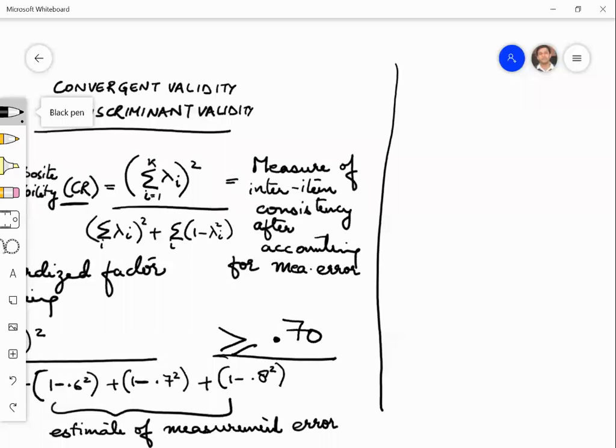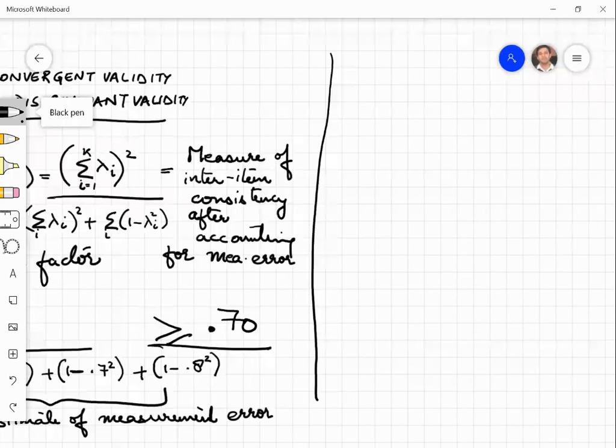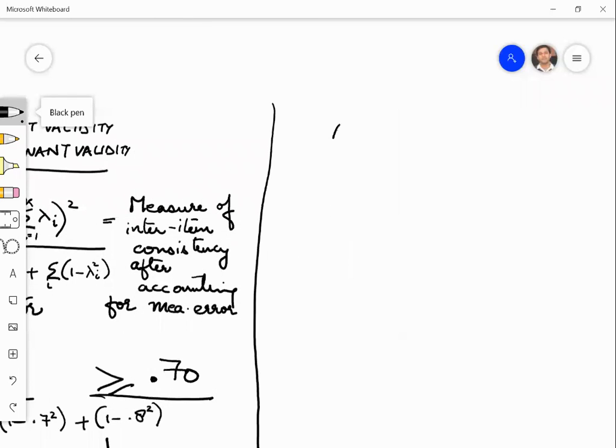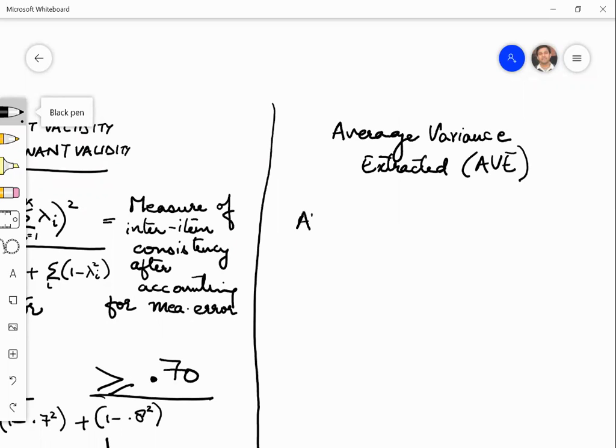Another index that is also computed when we are working with the measurement model is called the average variance extracted. It is called AVE. The average variance extracted formula is given as the summation of lambda i square for all i, divided by the number of items.